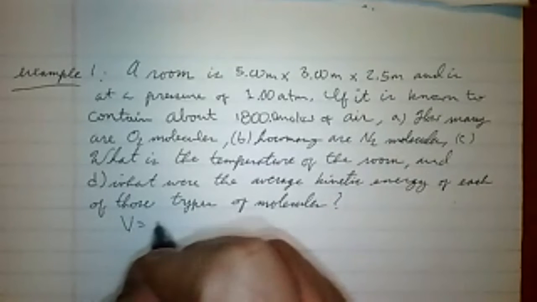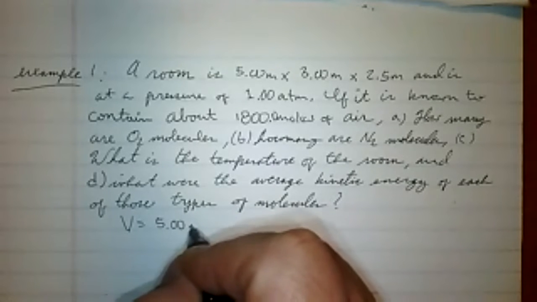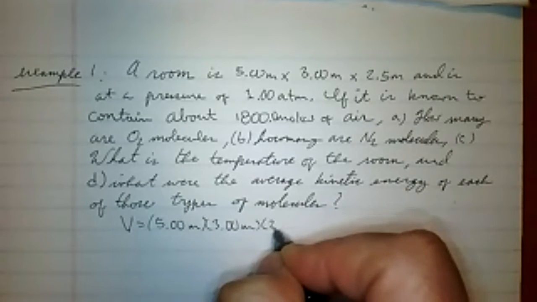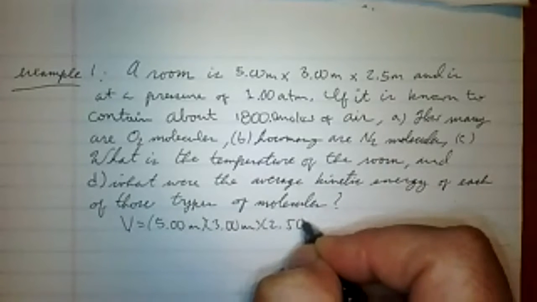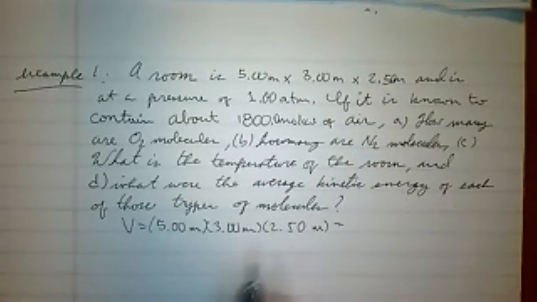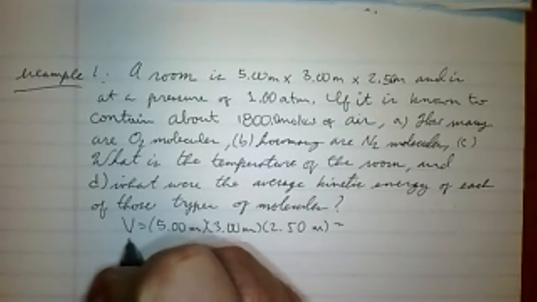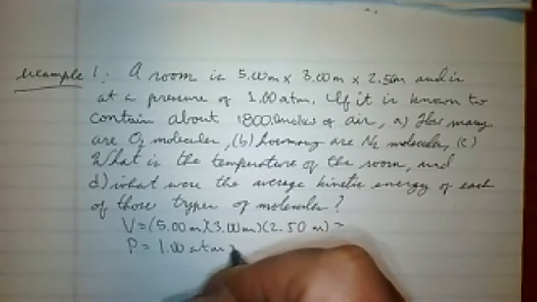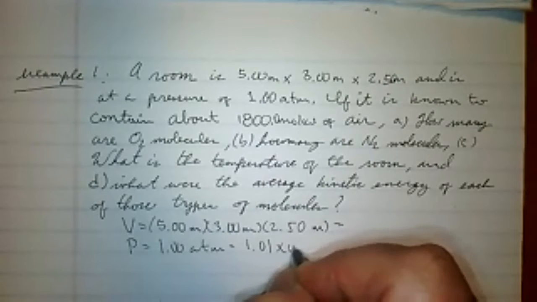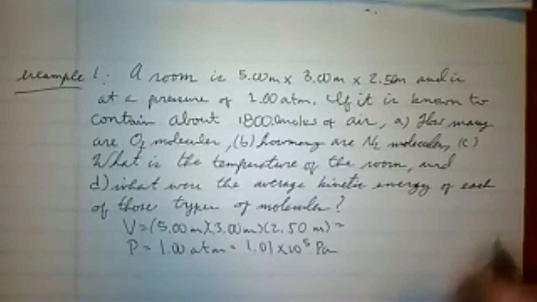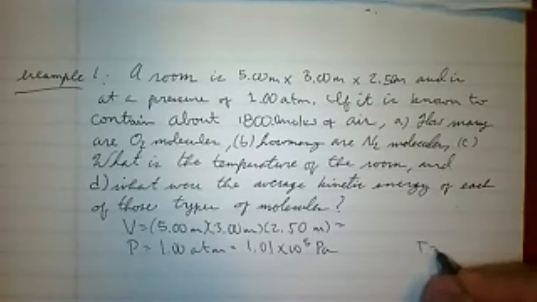So I know the volume is going to be 5.00 meters by 3.00 meters by 2.50 meters. I know that the pressure P is equal to 1.00 atmosphere, which is 1.01 times 10 to the 5th Pascal. I do not know T though, and that is one of the things I'm asked.